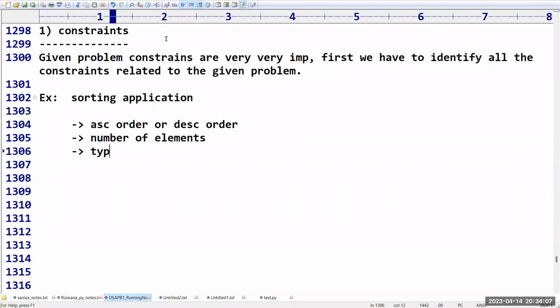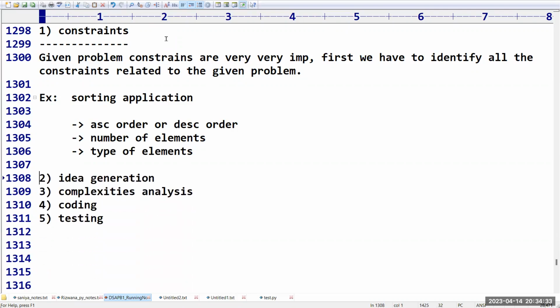After that, the types of elements are also important. Is it integer values, floating point values, strings, a list, a student object, or an employee object? So the type of element is also very important. This is how you can identify constraints for the given problem.